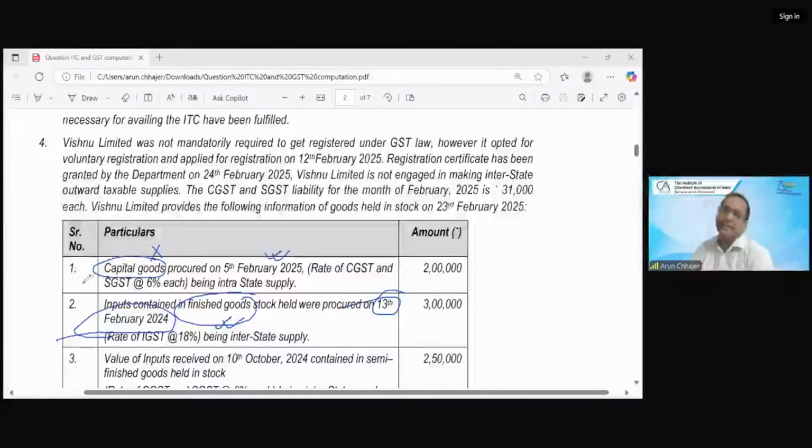But एक बात बताइए. Now I'm asking a very interesting thing. The person has applied on 12th Feb 2025. For calculation of 1 year, will you count from this date or from this date?